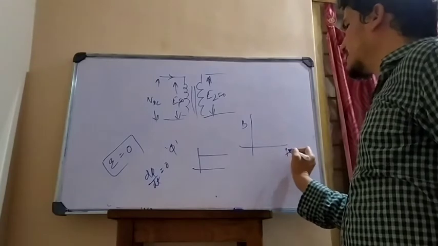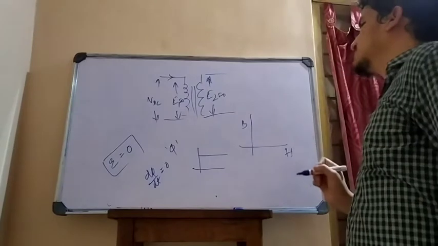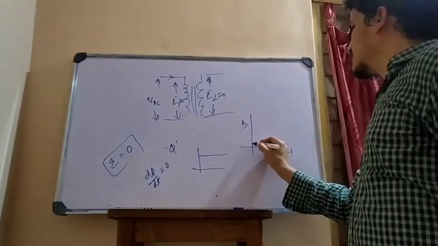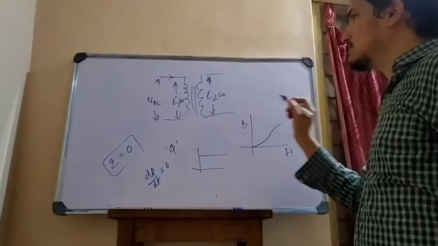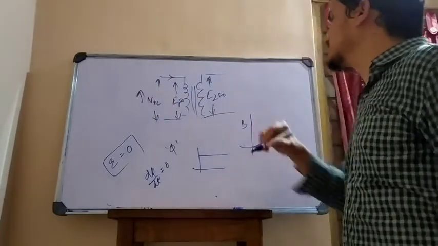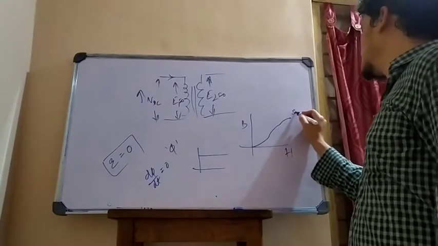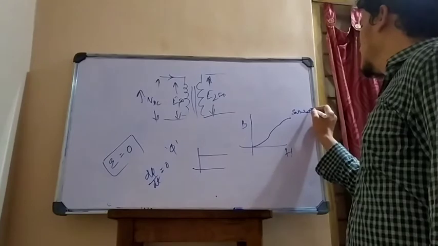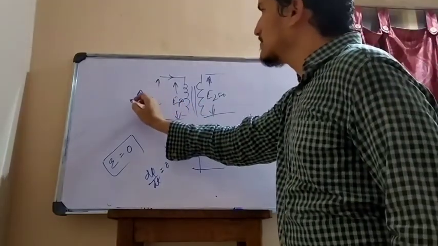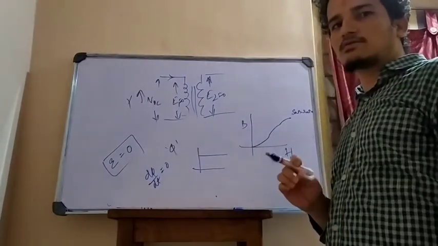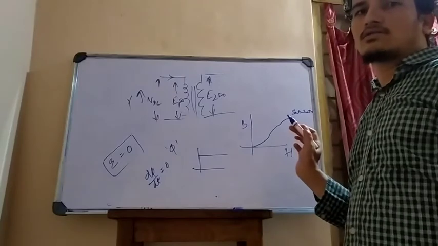With a certain magnetic field strength depending upon the magnitude of the current, the magnetic flux density gradually increases. If you increase the VDC, it will reach the saturation point. If you don't switch off this VDC for a certain time, it will reach the saturation point.